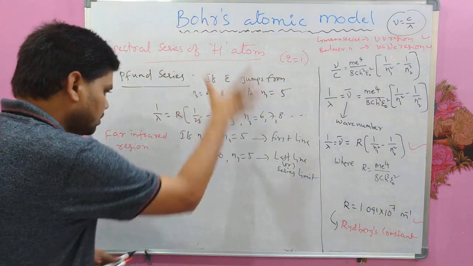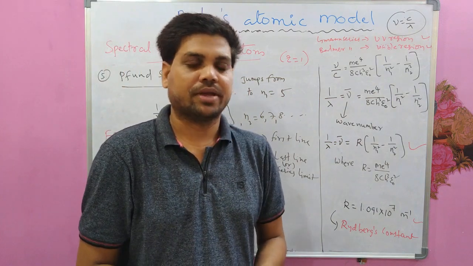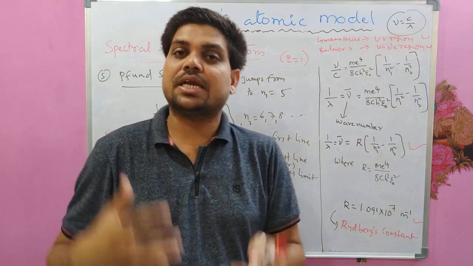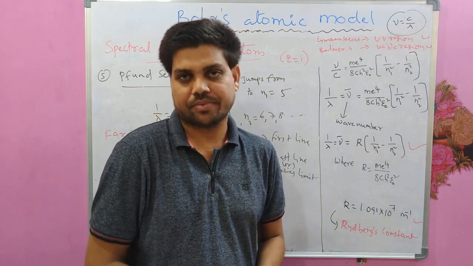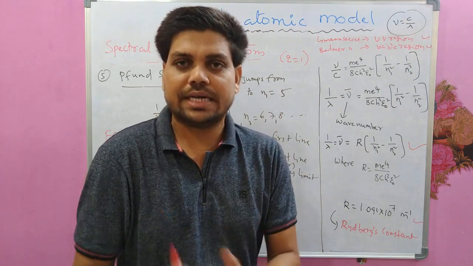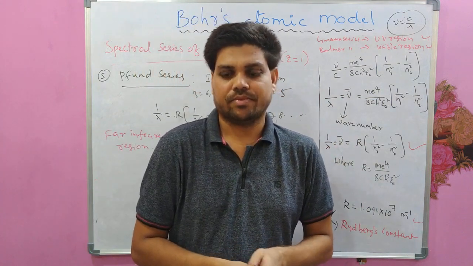Based on the information that we have discussed till now, and with the expression of the energy formula of the electron in the orbit, let us have an energy level diagram.